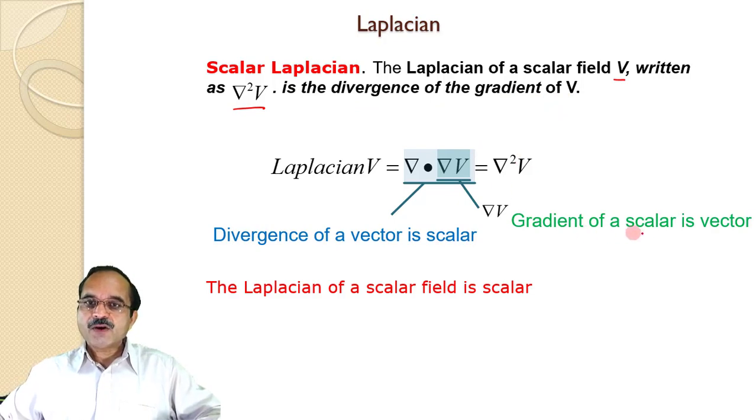So gradient of a scalar is a vector. This we have seen in the earlier lectures. Gradient of a scalar is a vector. That means here I am finding out divergence of a vector. So we know divergence of a vector is a scalar. So that means Laplacian of a scalar is a scalar quantity.